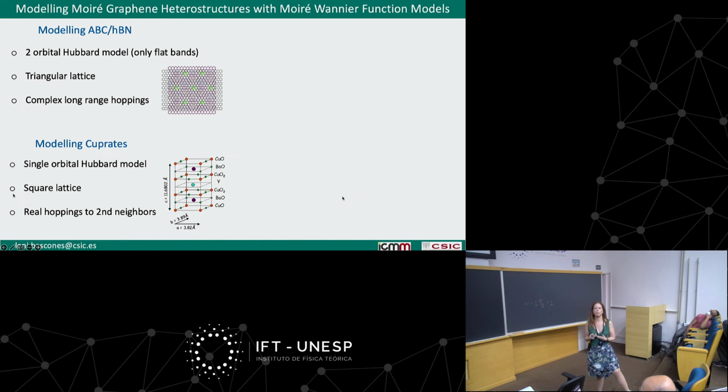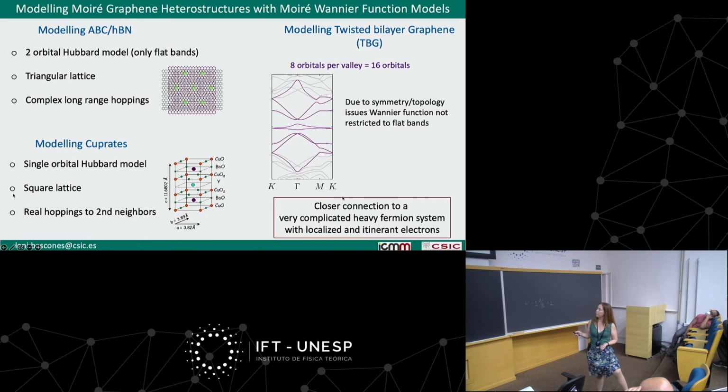In particular, what I have done is to map the problem to a two-orbital Hubbard model in a triangular lattice. In this case, as I say, with complex long-range hopping, which are important, by the way, to stabilize the anti-ferromagnetism in the triangular lattice. And in fact, with the cuprates, we have somehow a kind of related model. In this case, it's a single orbital square lattice, and normally the hoppings are simpler.